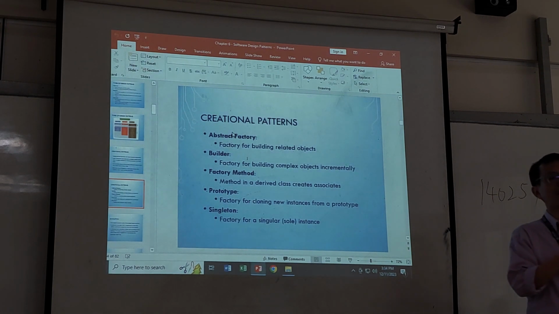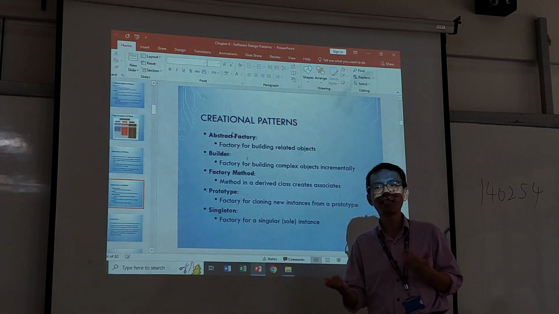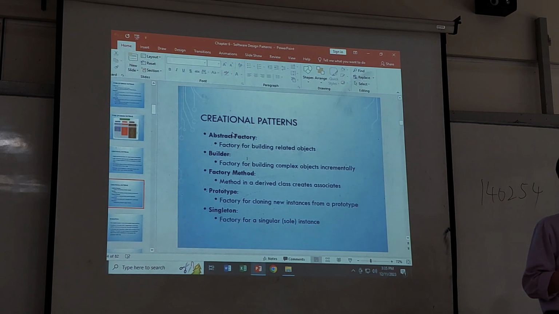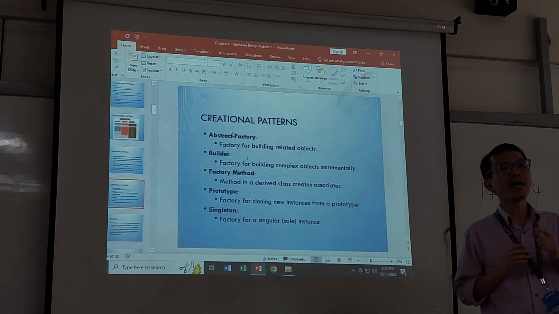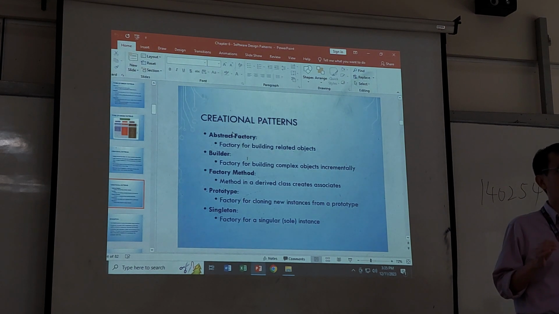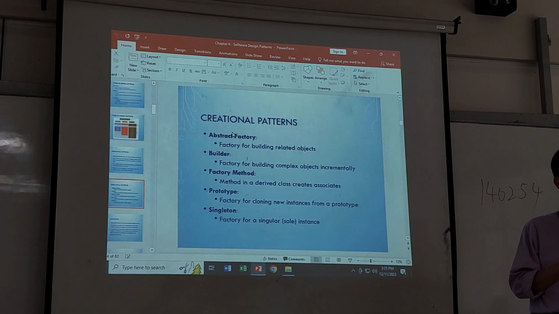Singleton first. I like to start with singleton. Why? Singleton is the easiest to understand. You must have seen it when you read the design pattern name singleton. Single means one. Okay? So this pattern is applied when we are going to create an object which only has one instance, the only instance in the system.